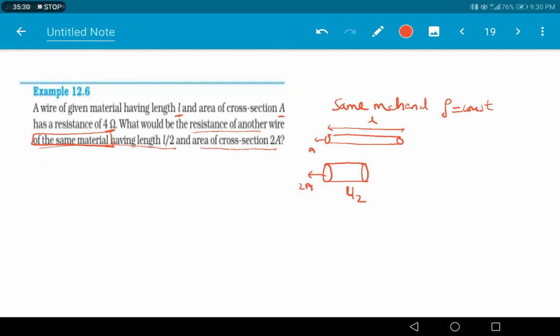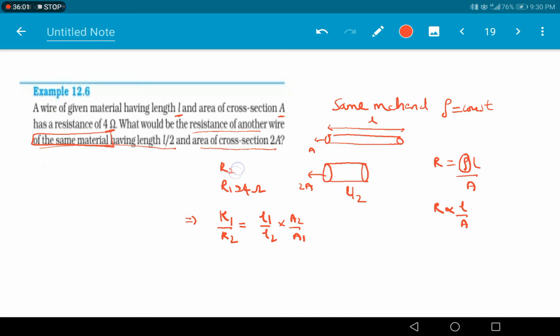So we know the formula R is equal to rho into L by A. Here, for the same material rho is constant, so we can write R is directly proportional to L by A. So for two wires we can compare: R1 by R2 is equal to L1 by L2 into A2 by A1. R1 is given as 4 ohm.